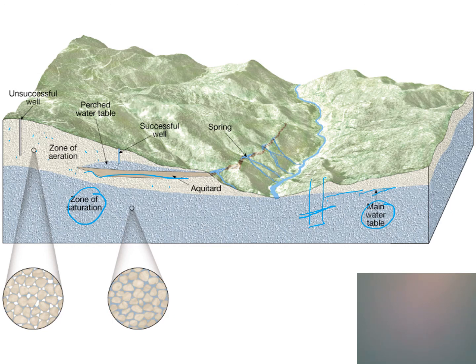So in that case, as water infiltrates into this area, it's not going to be able to make it through, because that would be called an aquitard, or the old word, aquiclude. It precludes the movement of water, so that water would be sitting on top.